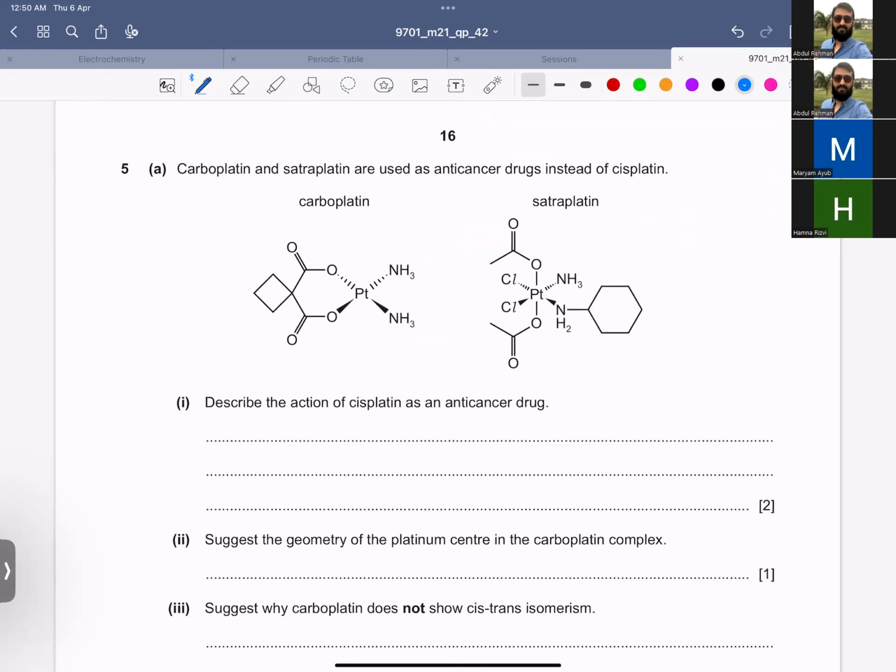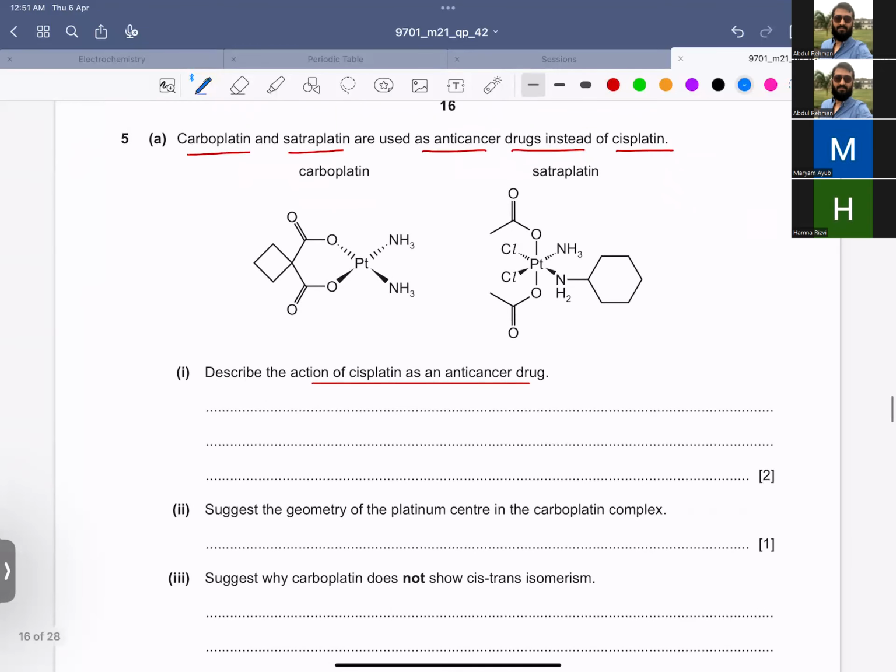Okay. Let's move to question number 5. Carboplatin and cetraplatin are used as anti-cancer drugs instead of cisplatin. Describe the action of cisplatin as an anti-cancer drug. Yes, can anybody recall?